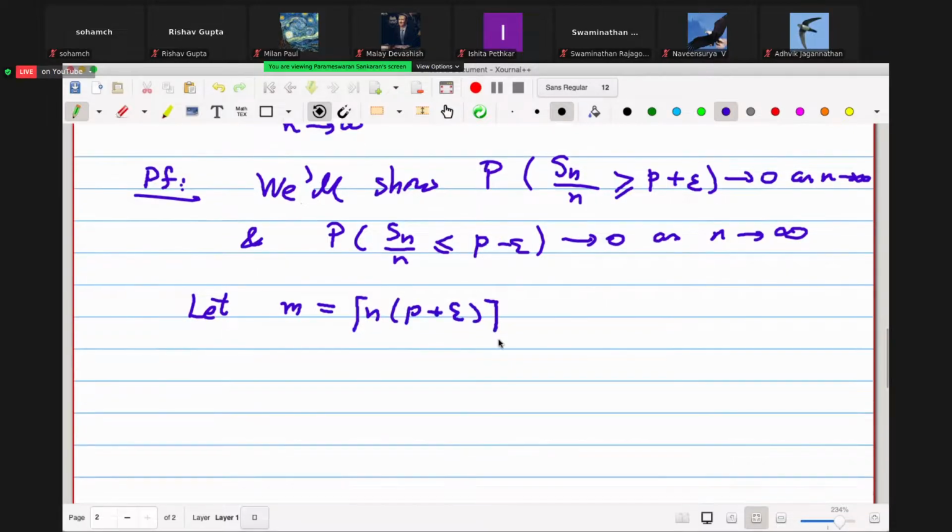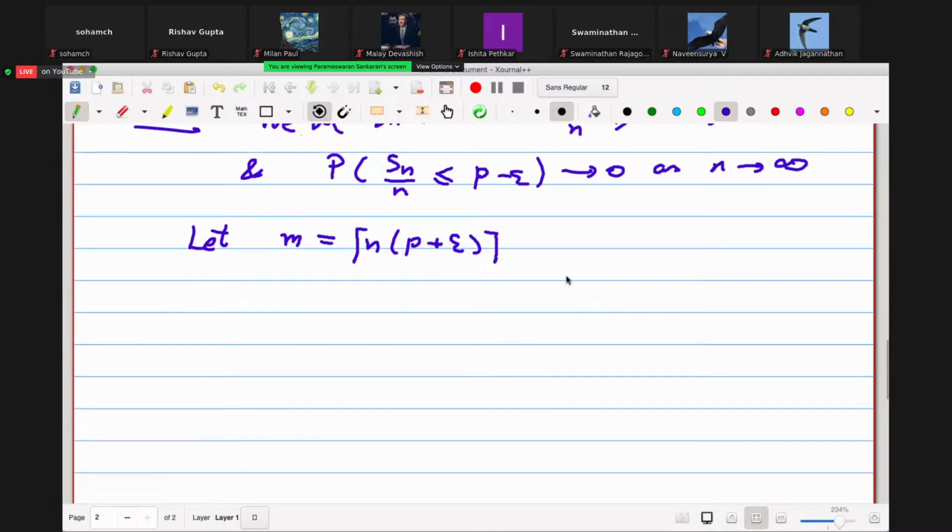Okay. Then the probability of this required thing. So I'm going to write it now. The probability of Sn bigger than or equal to p plus epsilon is equal to the summation, k equals m onwards.